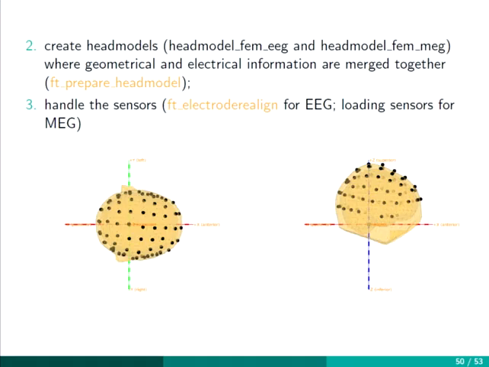The yellow part is part of one step of your head model. So, for example, this is the surface of the scalp, and plotted are the electrode positions. So you can visually see that so far the co-registration is not so bad.